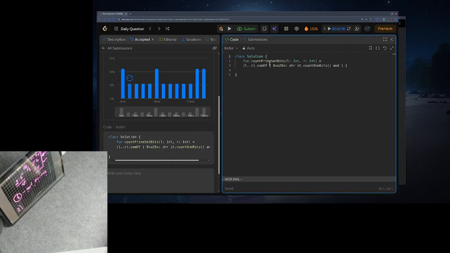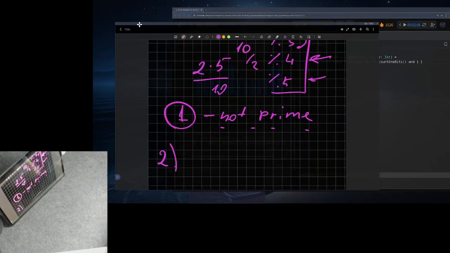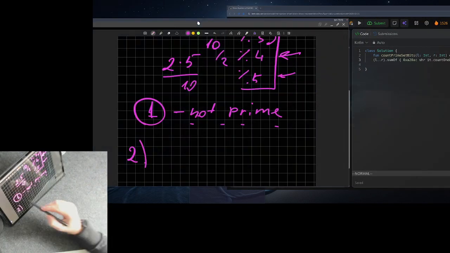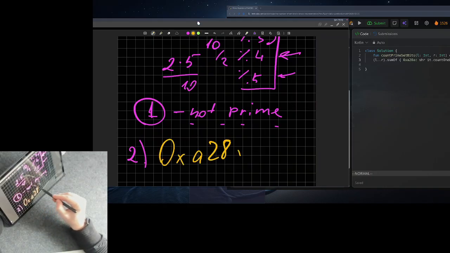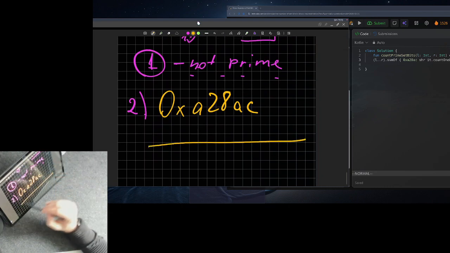So this solution is a bitmask. The interesting number in hex is 828AC. So this is just a bit mask.